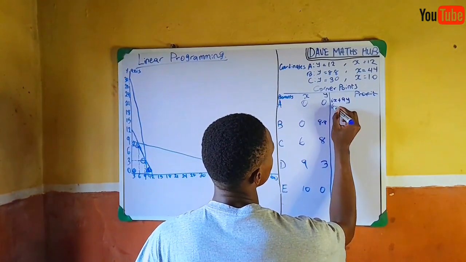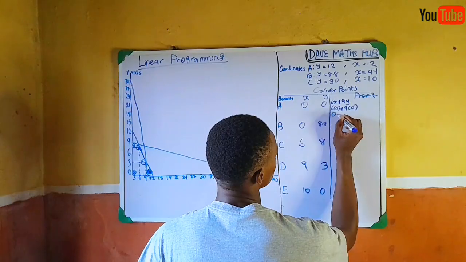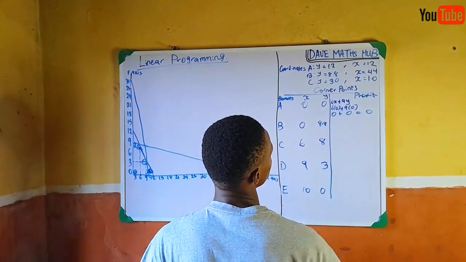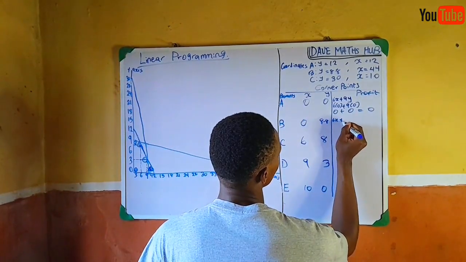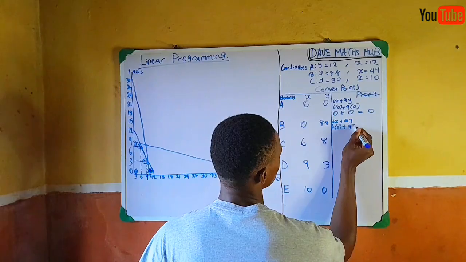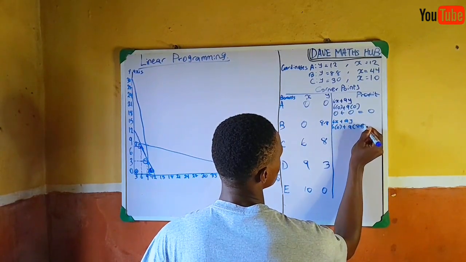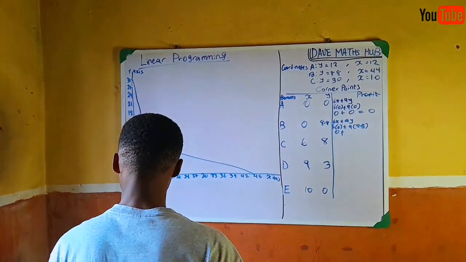So we have 6 open bracket 0 plus 9 open bracket 0 equals 0 plus 0 equals 0. Alright, same thing now. 6x plus 9y, we have 6 open bracket 0 plus 9 open bracket 8.8. So we have 0 plus 9 times 8.8.